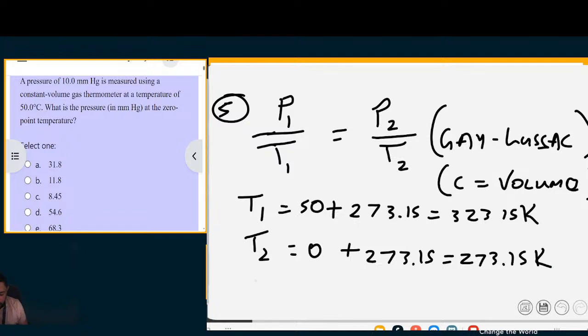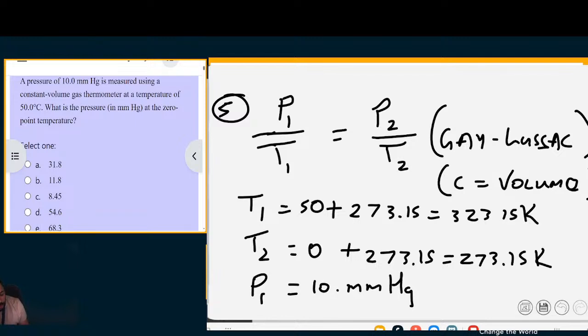What is the initial pressure? The initial pressure is 10 millimeters mercury. What is the final pressure? So we want P2. This is P1.